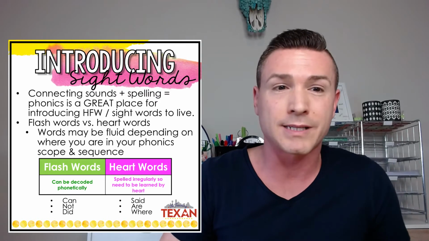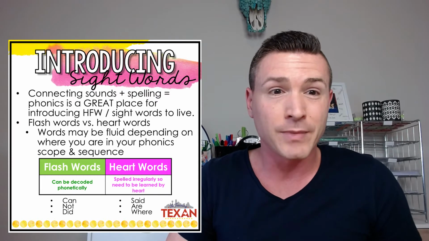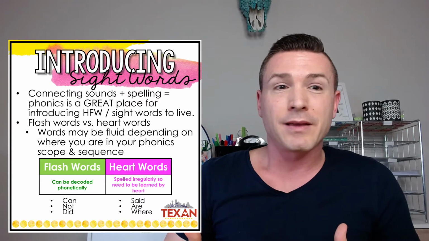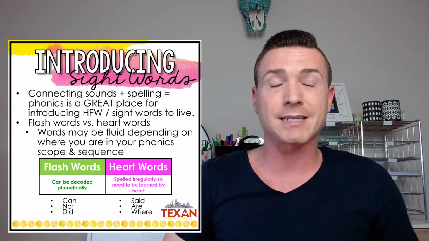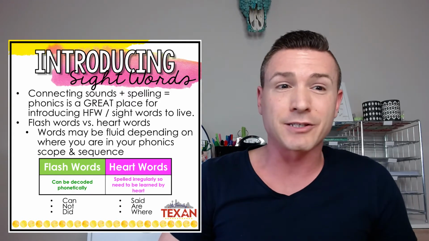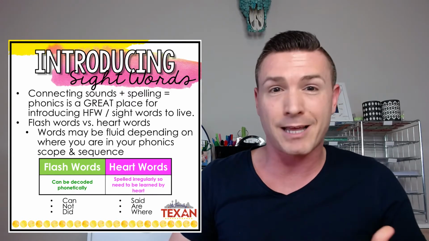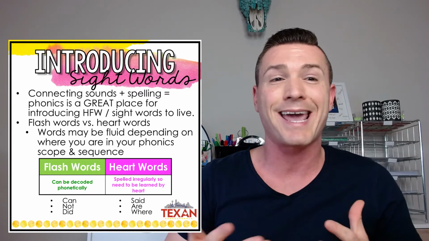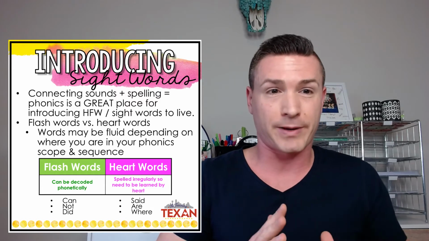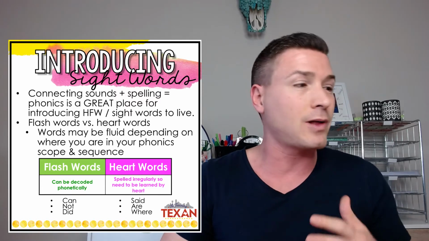Then we've got heart words that are spelled irregularly, so they need to be learned by heart. Now, sometimes these words can be fluid, because it depends on what we've taught so far in phonics, whether or not the students know those spelling patterns so that they can phonetically sound it out. So the words can be fluid, and I want to give you a couple of examples.